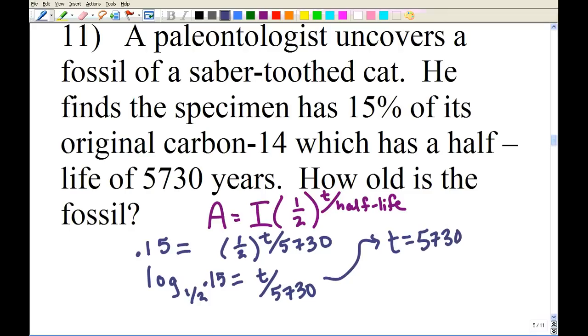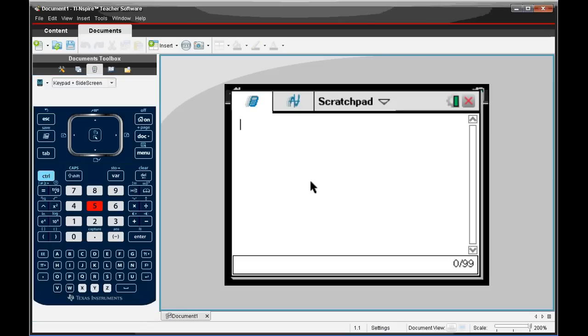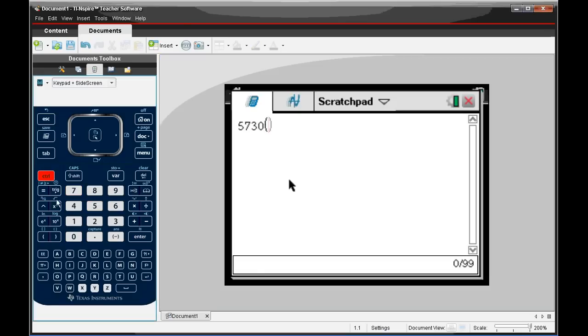And when I do that, let's write this out first. So log base 1/2 of 0.15. I can go to my calculator and type it in. So I'll have 5,730 times, I'll hit Control to get to the log, base 1/2 of 0.15.